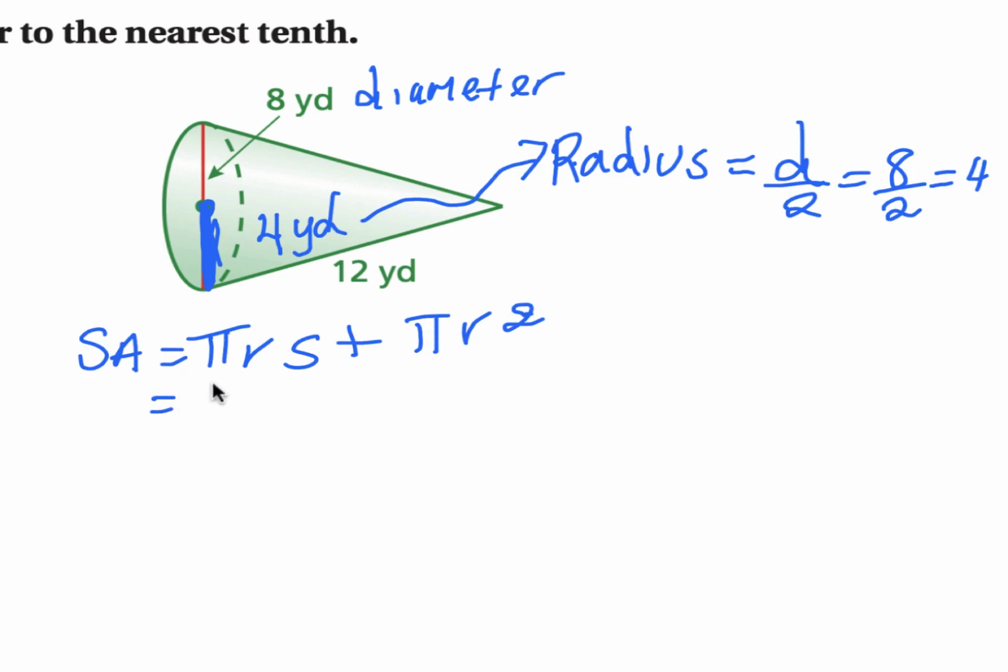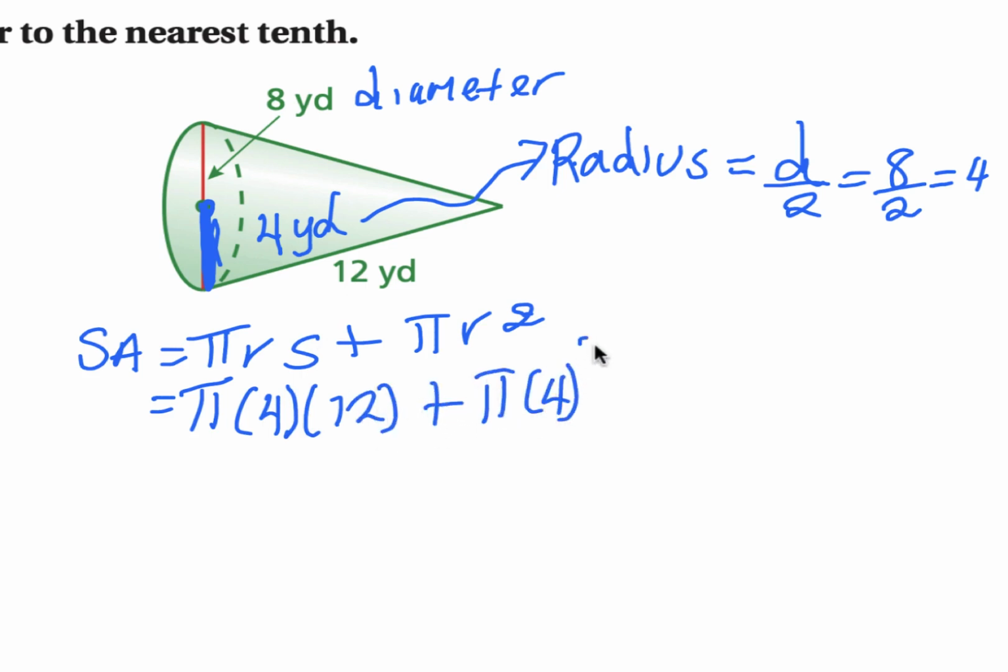Now in this example, I'm going to let pi stay as the symbol pi. So this will be pi, radius is 4, and your slanted height is 12, plus pi, and my radius is 4, and then that's squared.